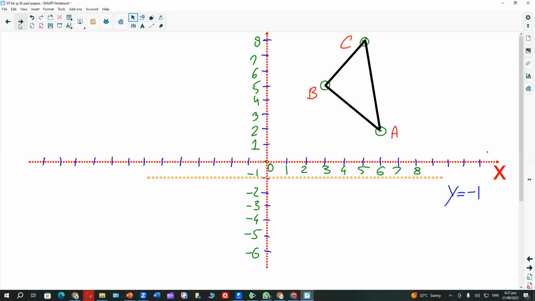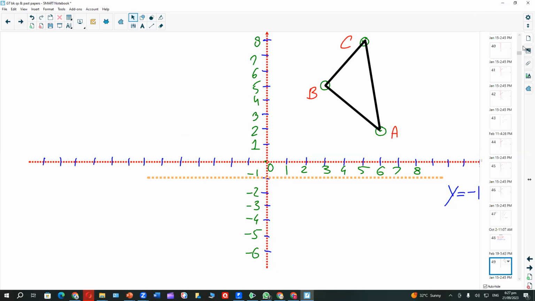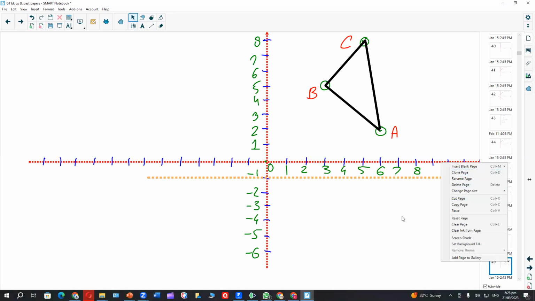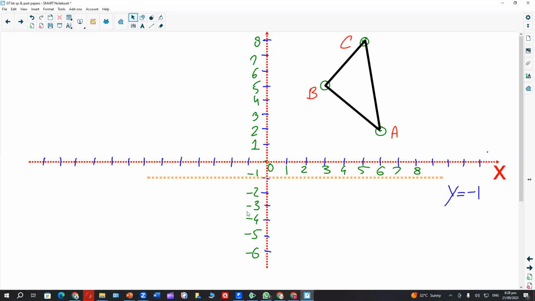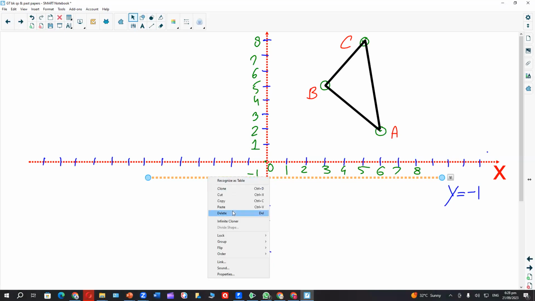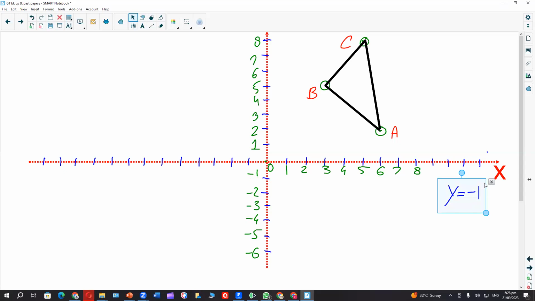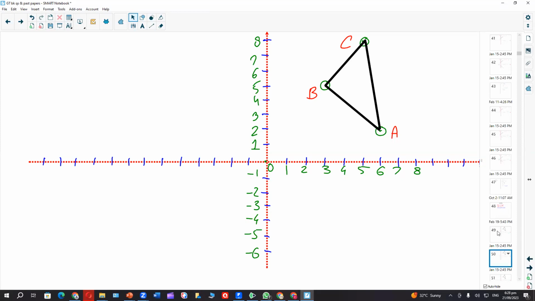So now first you make a plot, make an axis. So first make an axis like this.